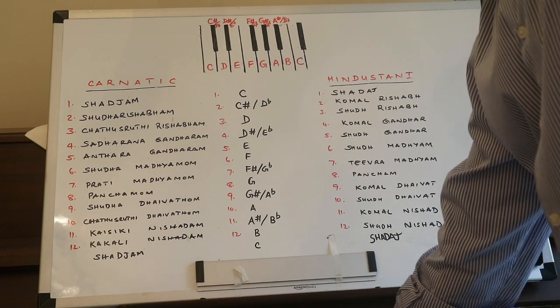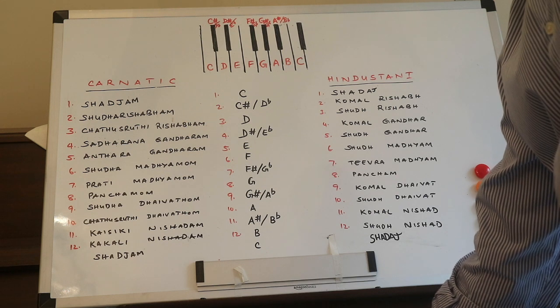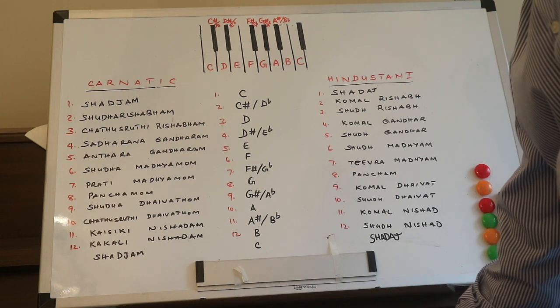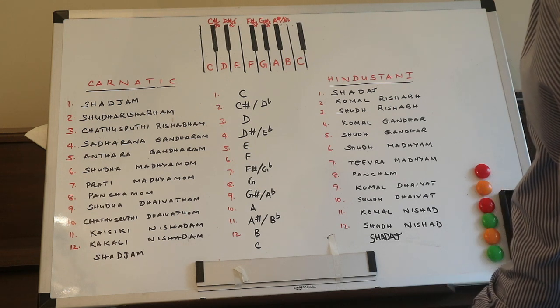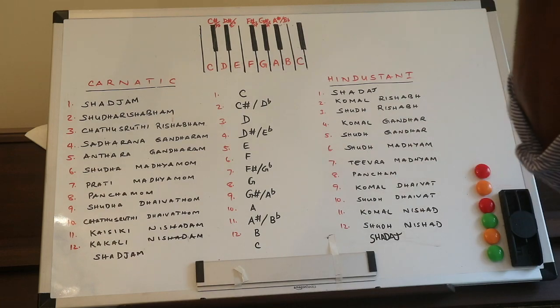So Sa Re Re Ga Ga Ma Ma Pa Da Da Ni Ni Sa. So these are the 12 notes, or what we call the chromatic scale in Western music.